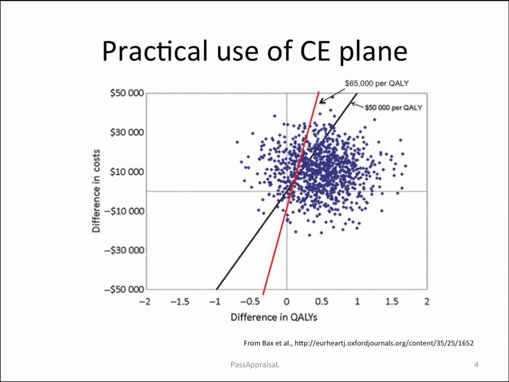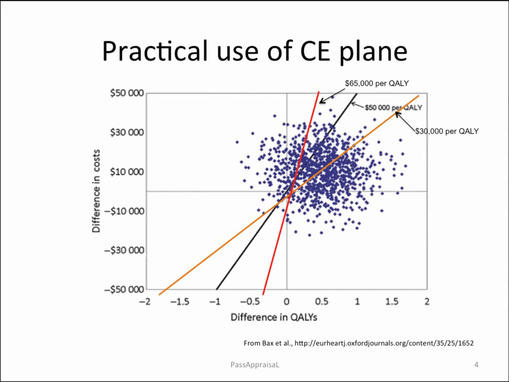When you increase the willingness to pay threshold to $65,000 per quality, the number of ICER values that become acceptably cost-effective increases. But if the threshold is lowered to $30,000 per quality, then the number drops.